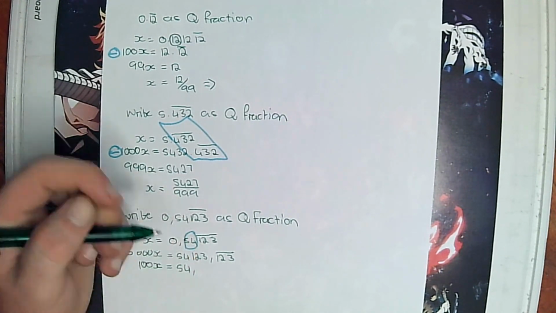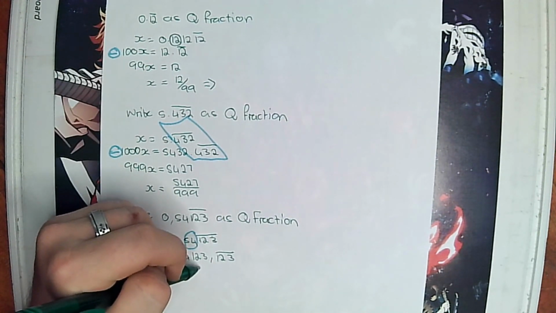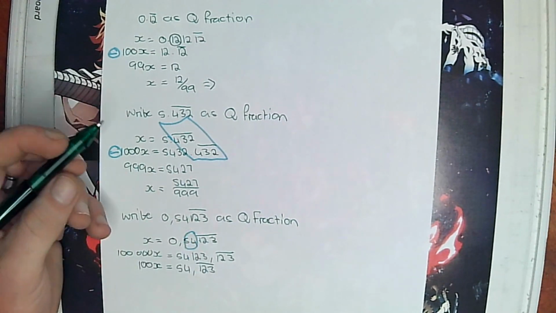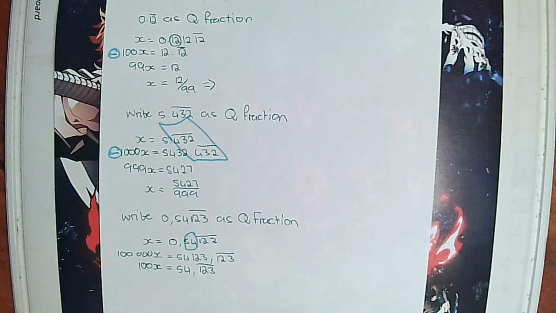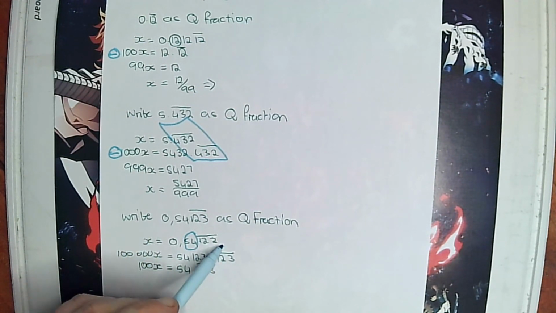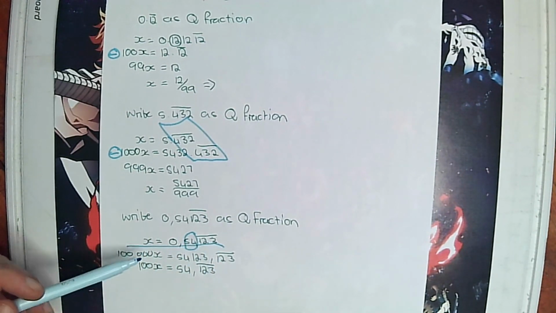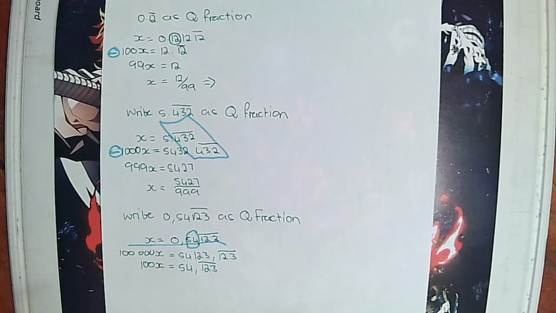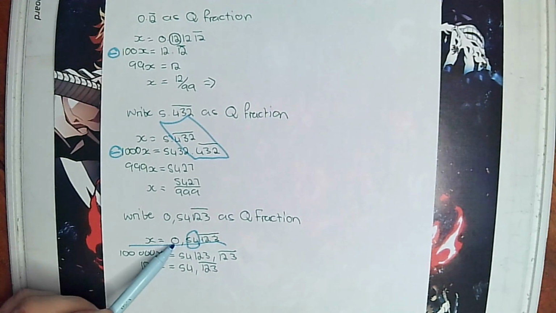And then again, the exact same procedure holds. We have to eliminate, but in this case, we don't need to eliminate here, so we can forget about that one because these are all equivalent equations, because when I simplify it, it'll all revert back to 0.54123.